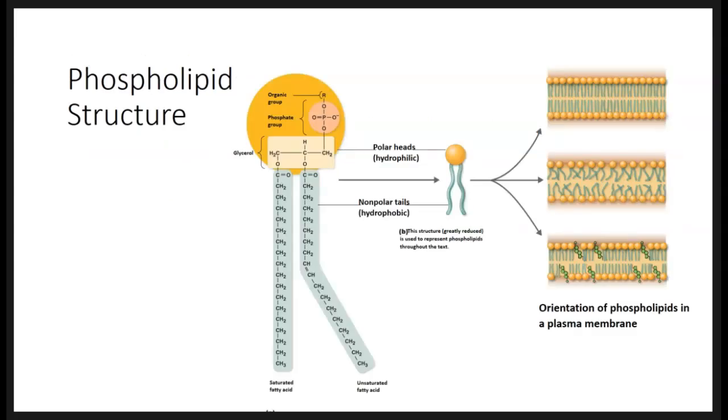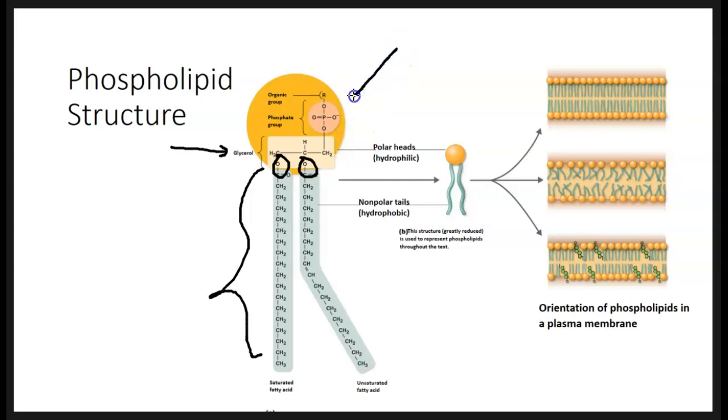Right, so this is the structure of a phospholipid. So we have the glycerol, it's got those hydroxyls on it. This forms the center part of this polymer. Our fatty acids, either saturated or unsaturated, they are joined to the glycerol at those hydroxyls through a condensation or dehydration synthesis reaction.